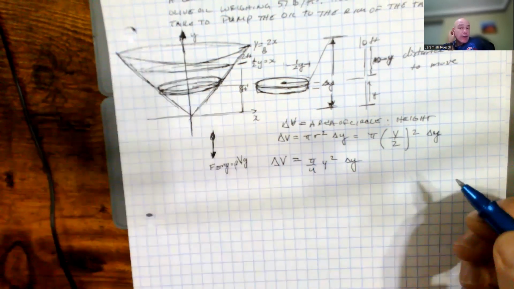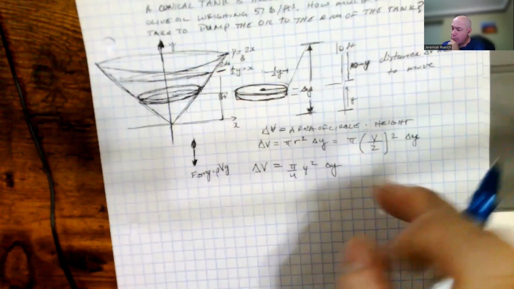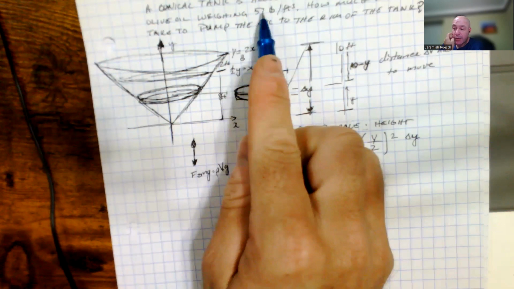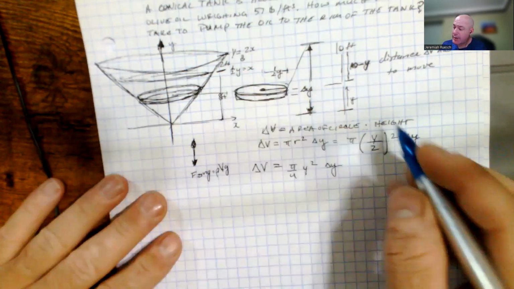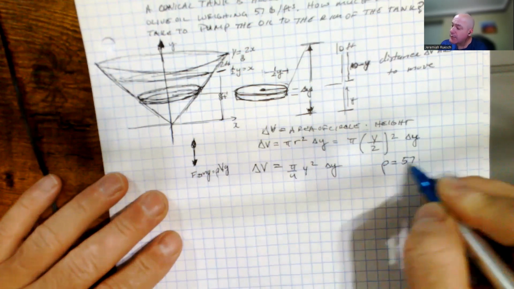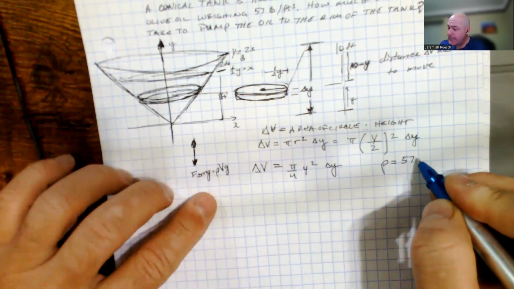All right, and so now we're going to move this volume and we're going to keep it times the density. I'm just going to call the Greek letter rho the density, the symbol usually used for density, like I used here.